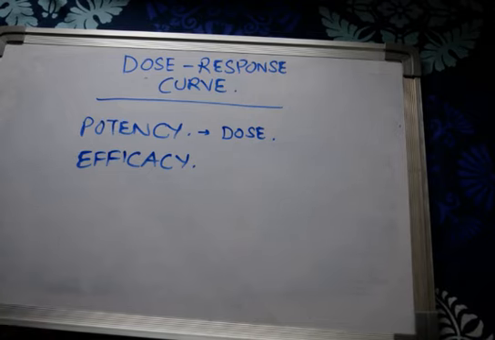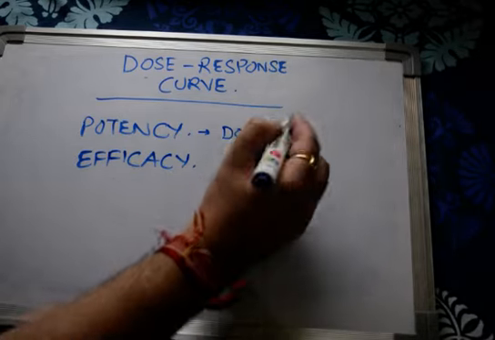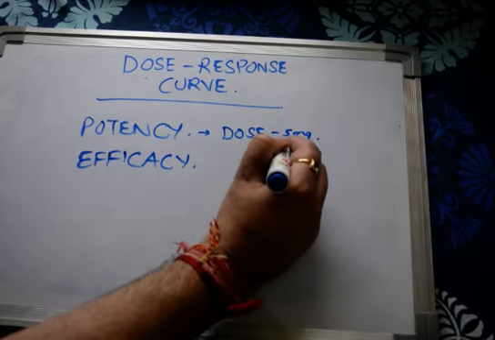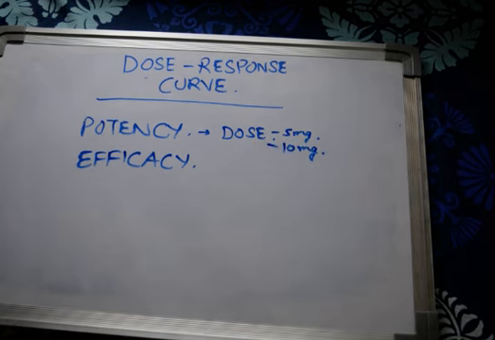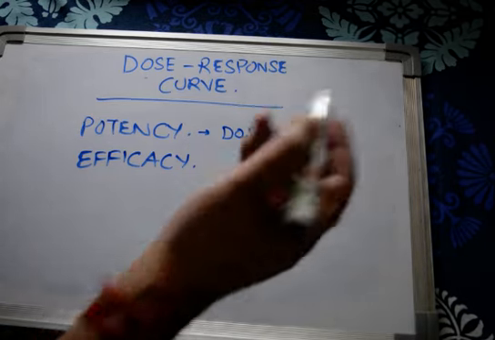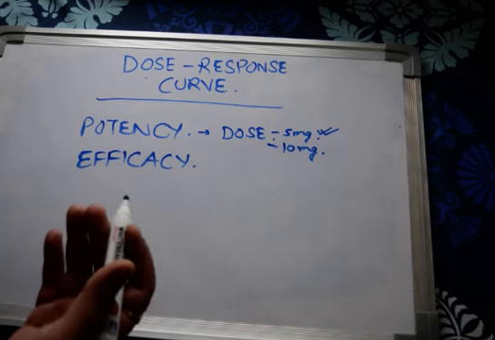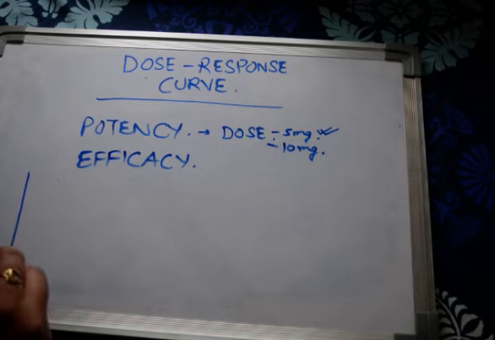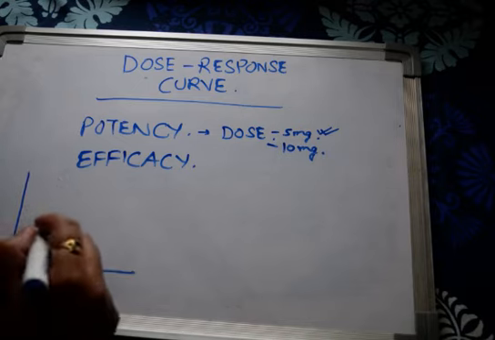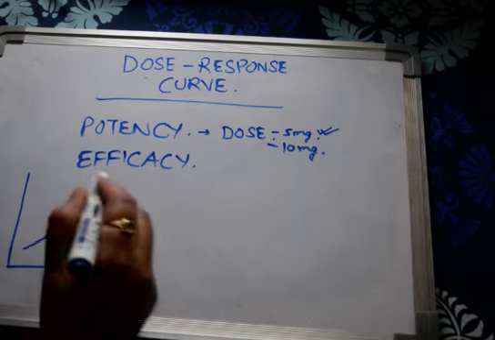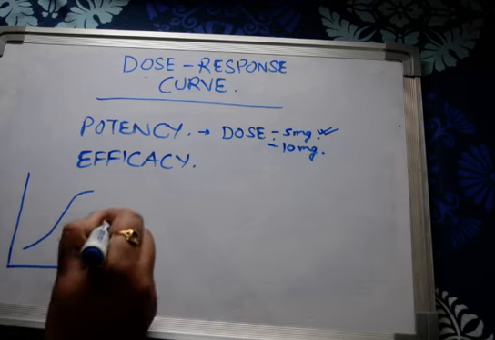Okay, so means if there are two drugs and one drug causes some effect at a dose of say 5 milligram, and another causes the same effect at a dose of 10 milligram, the one which is causing an effect at a lower dose would be called as more potent. So if we are looking at a dose response curve and there are two drugs, say I am plotting the dose response curve of two drugs like this.